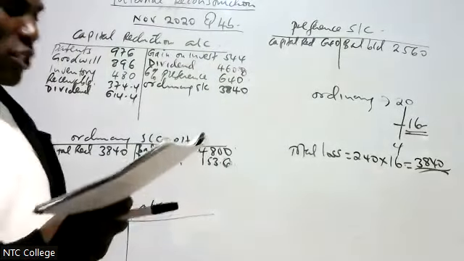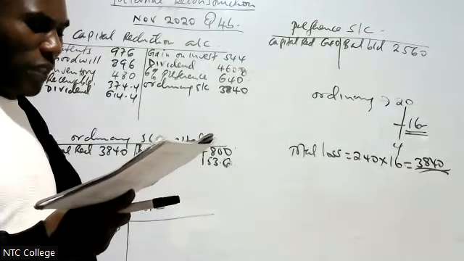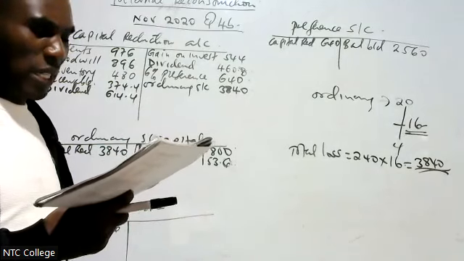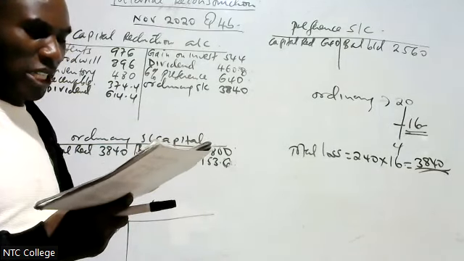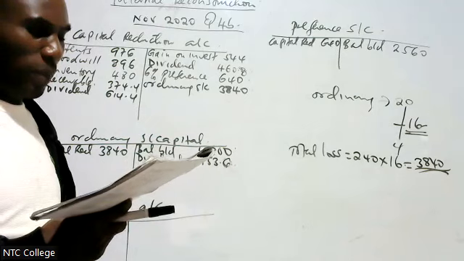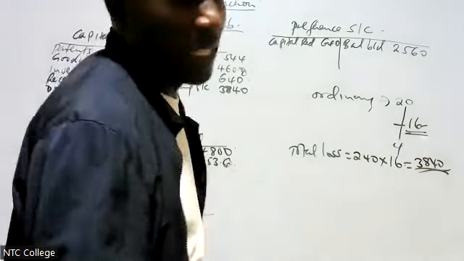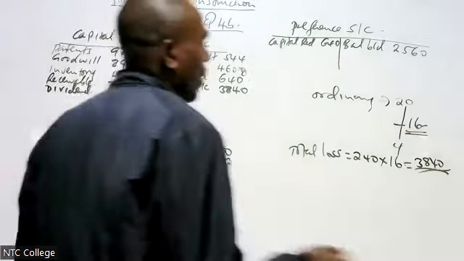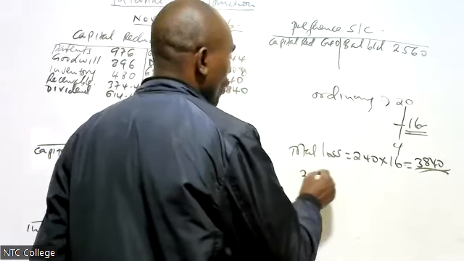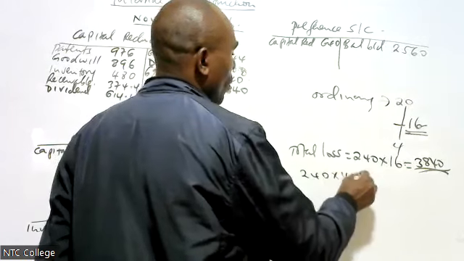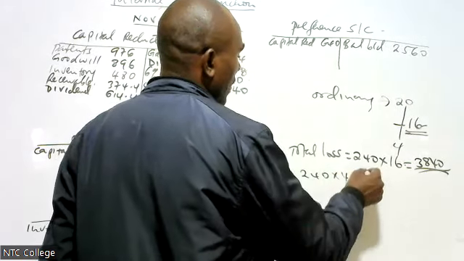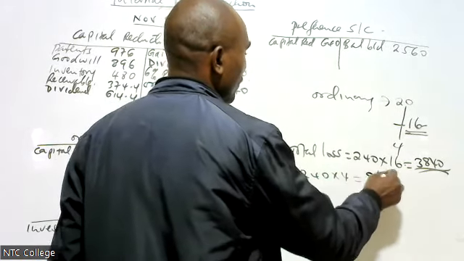Then the examiner is continuing to say all the ordinary shares are to be consolidated into shares of shillings 20 each. The rate of dividend on preference shares is to be increased. Now, listen very carefully. We have remained with 240 times 4, which is 960.